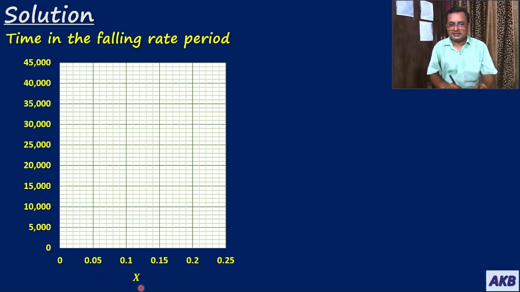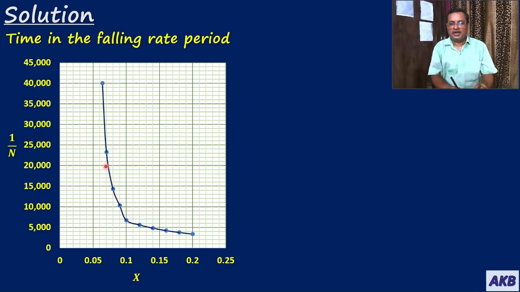Okay, now let us plot the graph. On the x-axis, we will be plotting capital X, and the scale that I have chosen is 1 centimeter equal to 0.05. On the y-axis, we will be plotting 1 upon n, and the scale is 1 centimeter equal to 5,000. If you plot various values of 1 upon n versus x, you get a curve like this. Now we have to find the area under this curve between the limits xc and xf.